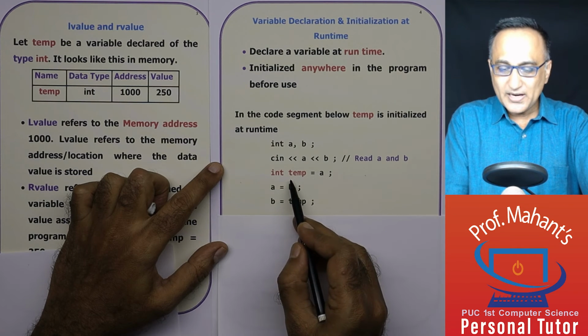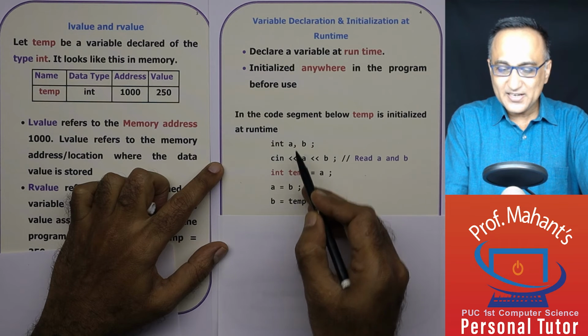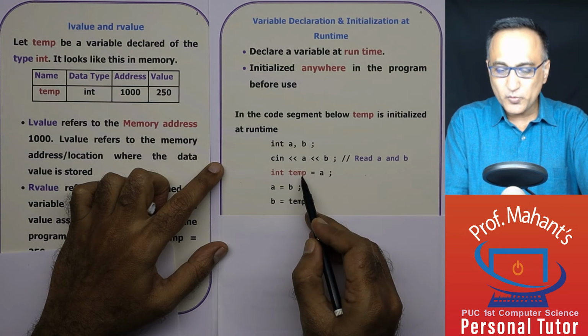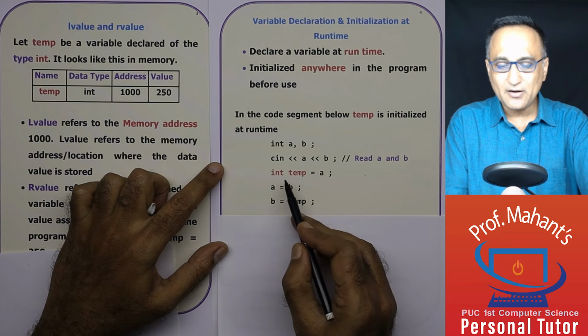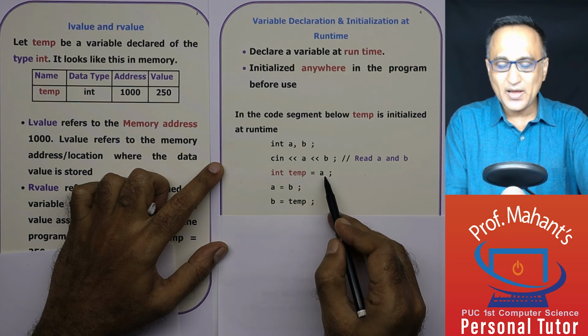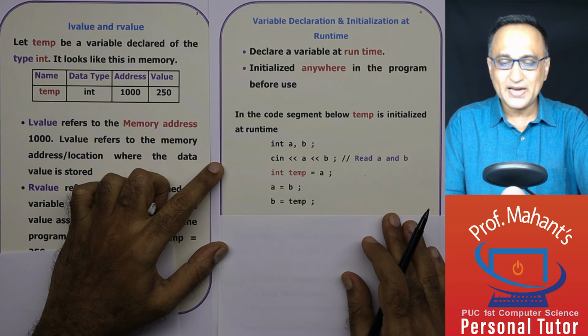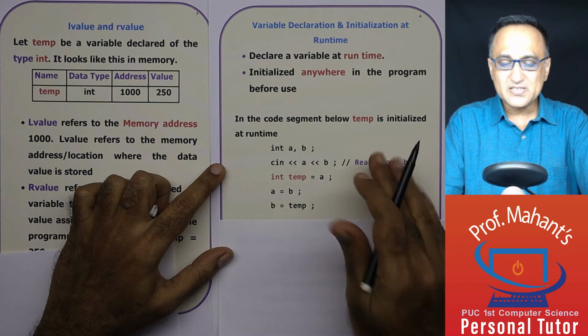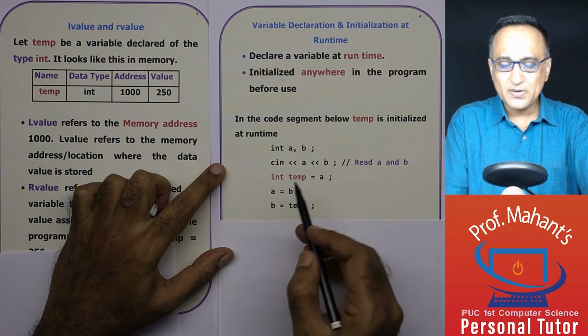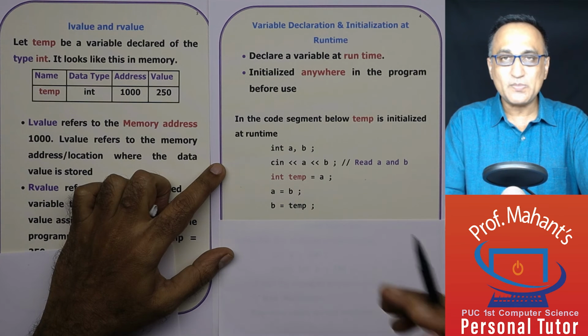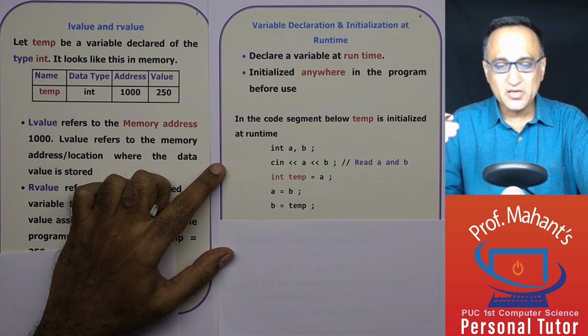Now, after the declarations and after reading, I have declared one more variable called temp of the type integer, given it the value of a. I'm using this code to exchange the value of a and b. So this is one way to declare a variable. This is another way to declare a variable just before it is going to be used.